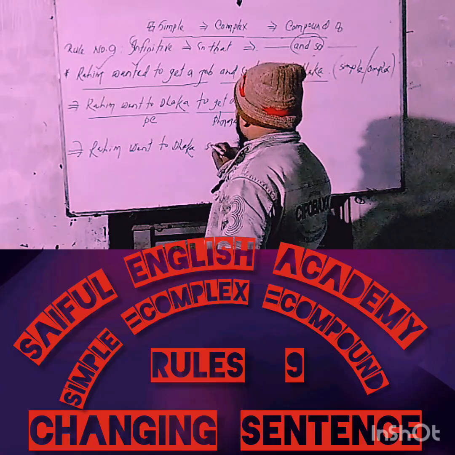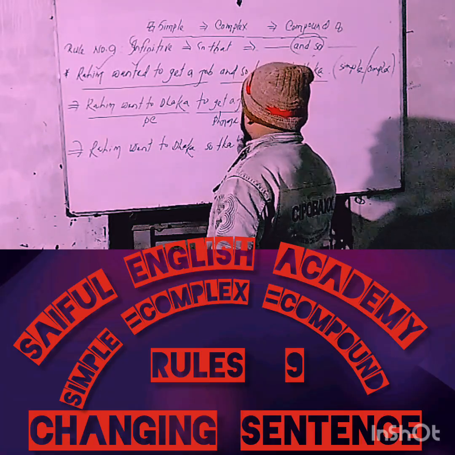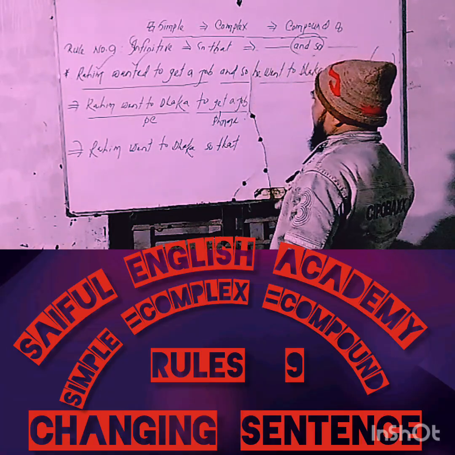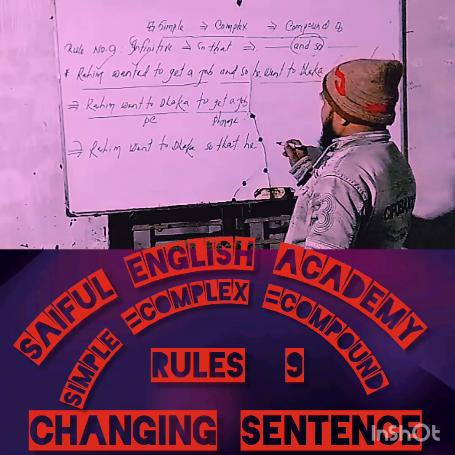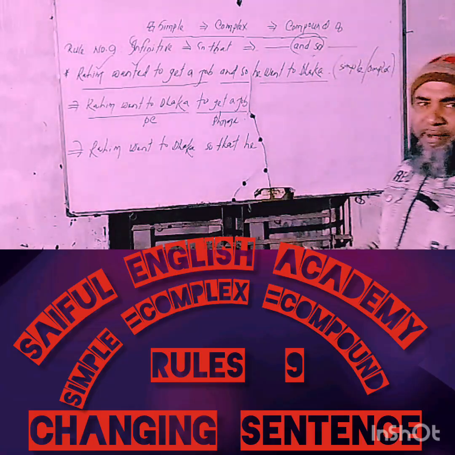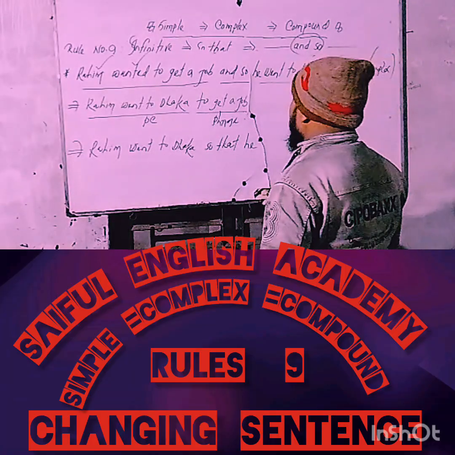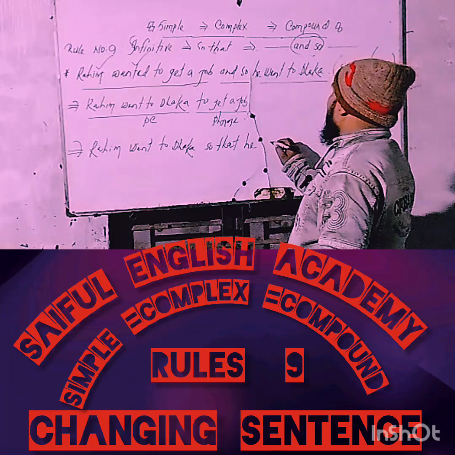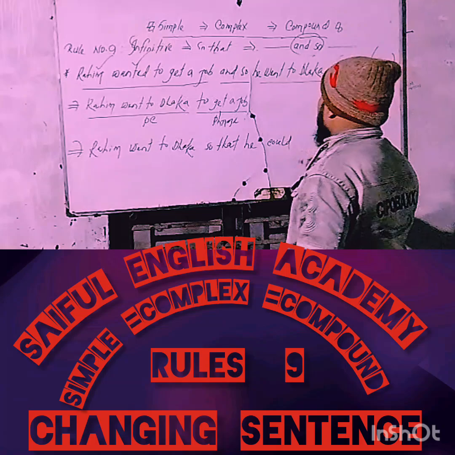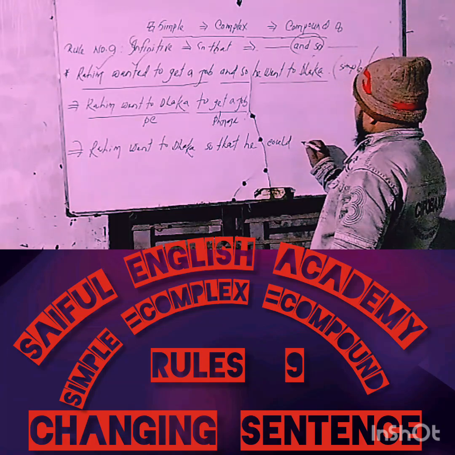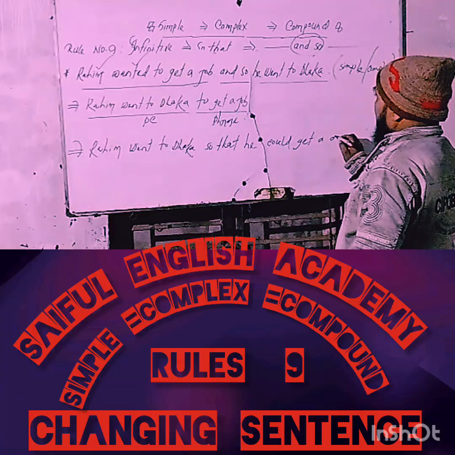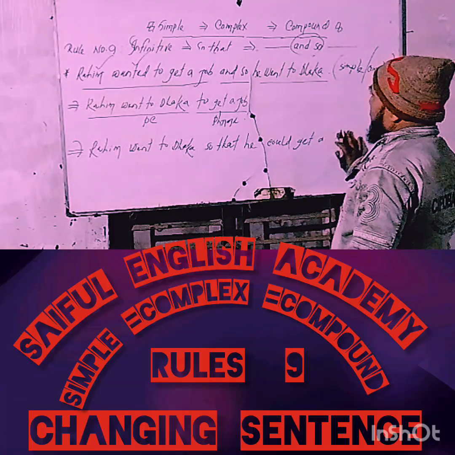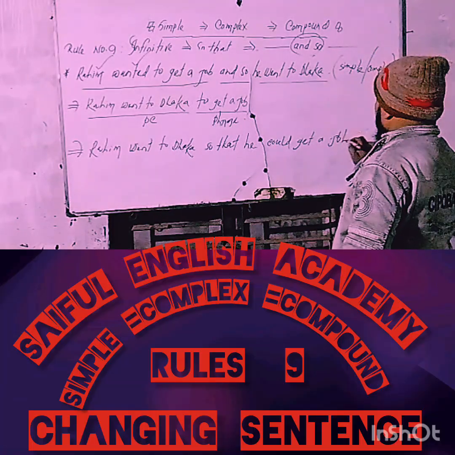To form the subordinate clause, you'll have to use at first the subordinate conjunction "so that", then the subject, then can, may, might, could. In this case, you'll have to use could or might. Could, then the verb get, then the extension: a job.